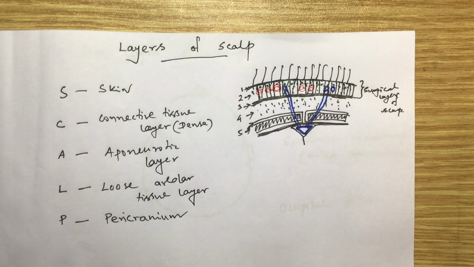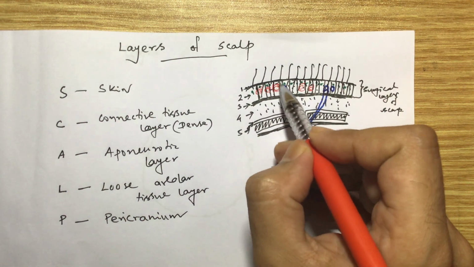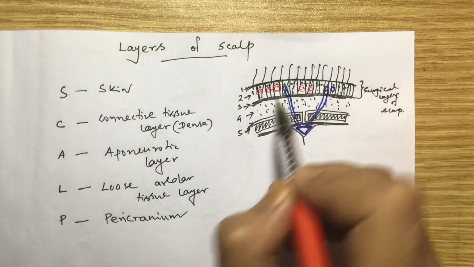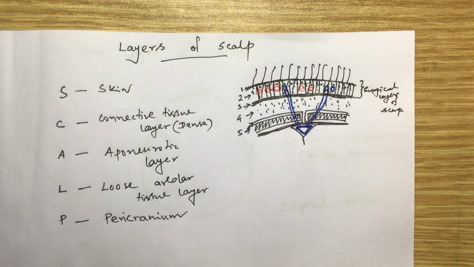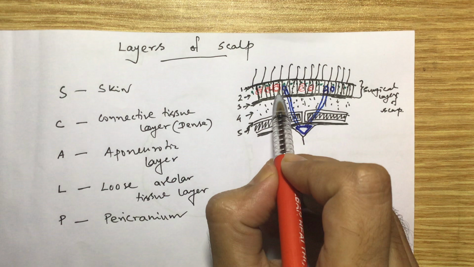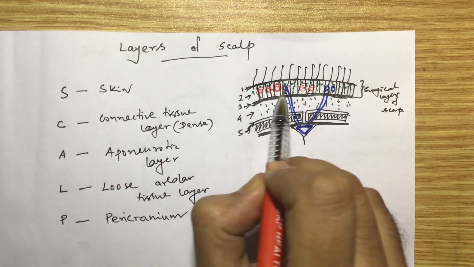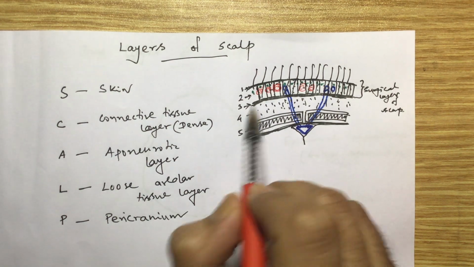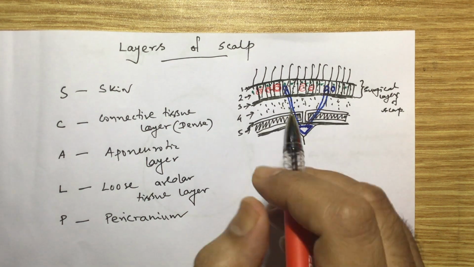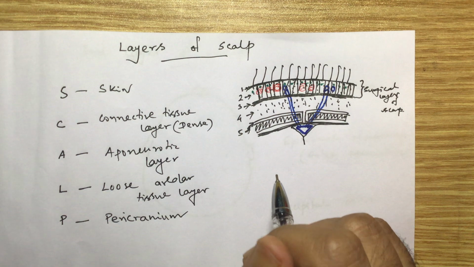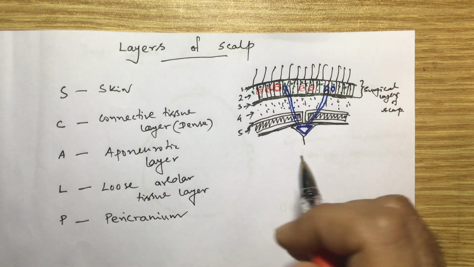One of the important things is that as the vessel walls are attached with the fibrous septa, even a small injury to the vessel can give rise to profuse bleeding. Why?